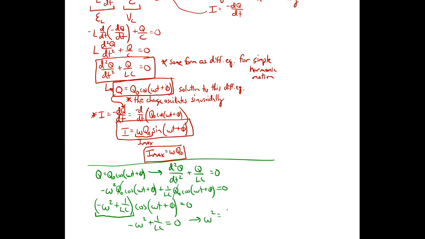So omega squared equals 1 over LC, which means that omega is 1 over the square root of LC. And don't forget that the angular frequency is also equal to 2 pi times the regular linear frequency.